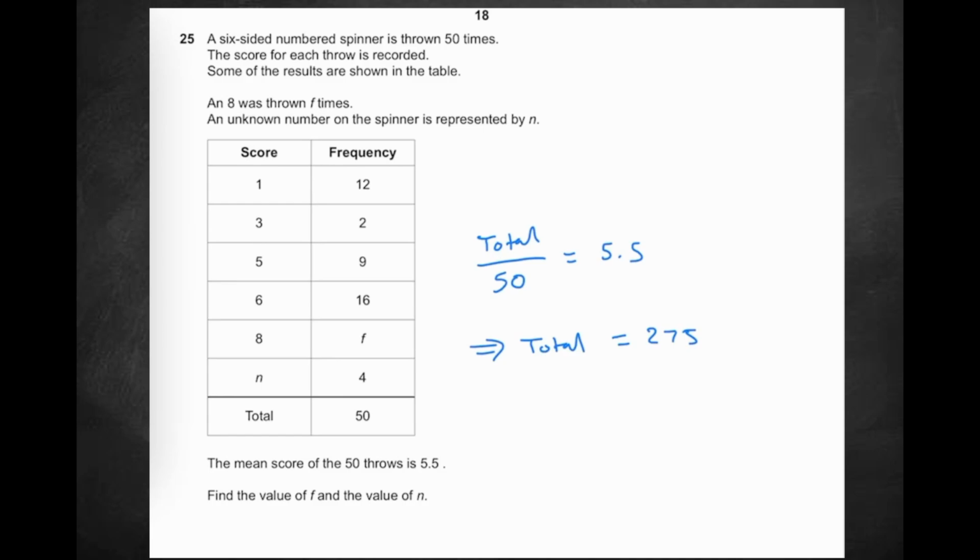And by total, I mean that will be the score multiplied by the frequency all added together. Therefore, 275 equals 1 times 12 plus 3 times 2 plus 5 times 9 plus 6 times 16 plus 8f plus 4n.